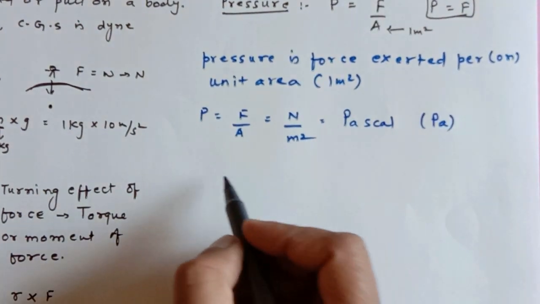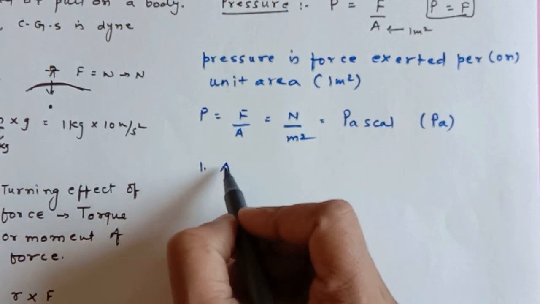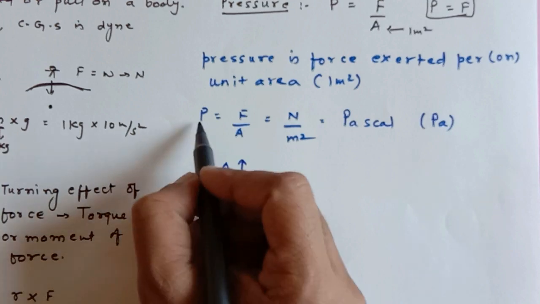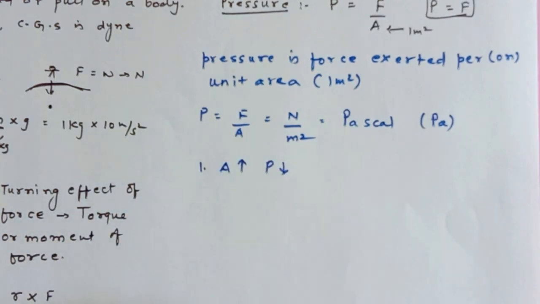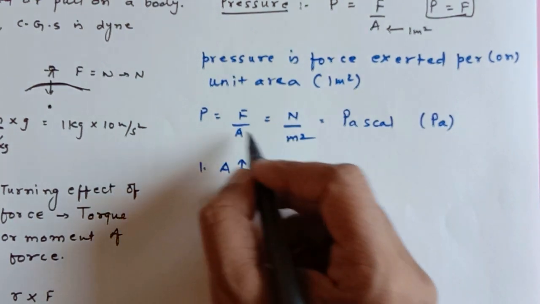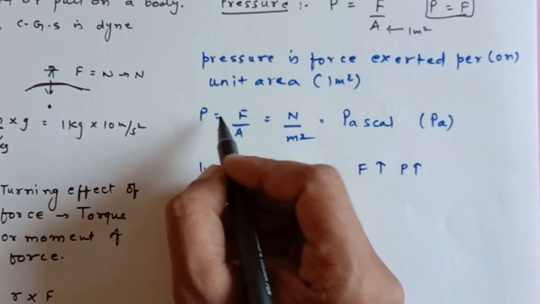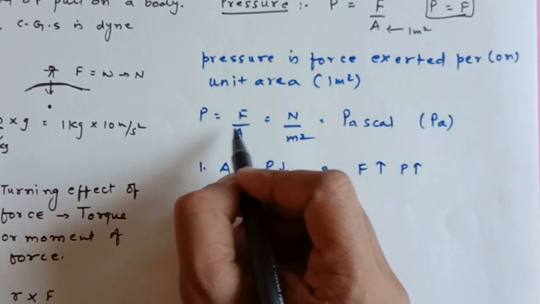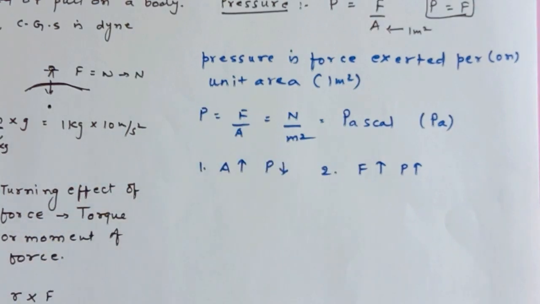Okay, now we can see two things from here. Number one, if area is increased, then pressure will decrease, because pressure and area are inversely proportional. Second, by keeping the area constant, if you increase the force, then pressure will increase. These are directly proportional. So area increase, pressure decrease. Force increase, pressure increase.